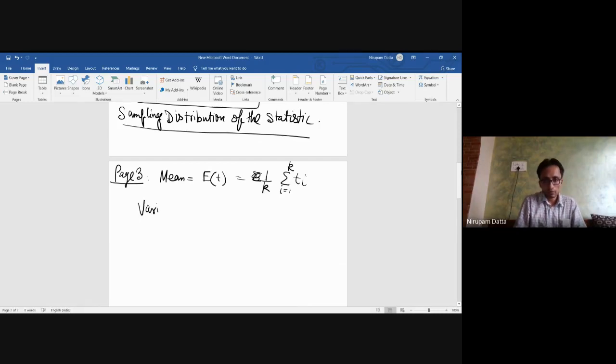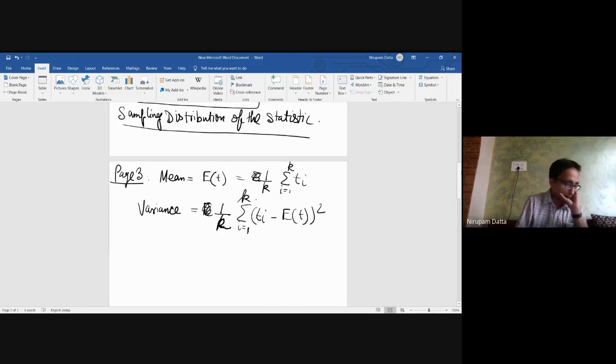And the variance of the sampling distribution of the test statistic, which is E of t, will be nothing but 1 by k summation (t_i minus E(t)) whole square, i equal to 1 to k. So this we can write as 1 by k summation (t minus t bar) whole square. Okay, so these are the two parameters.